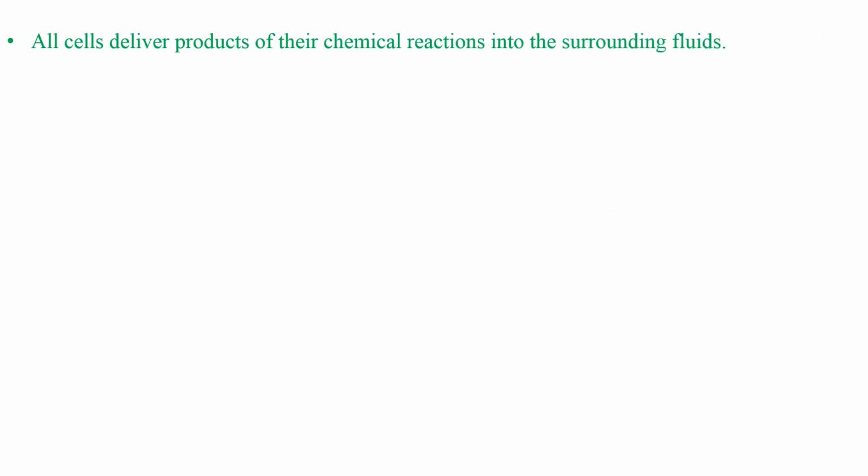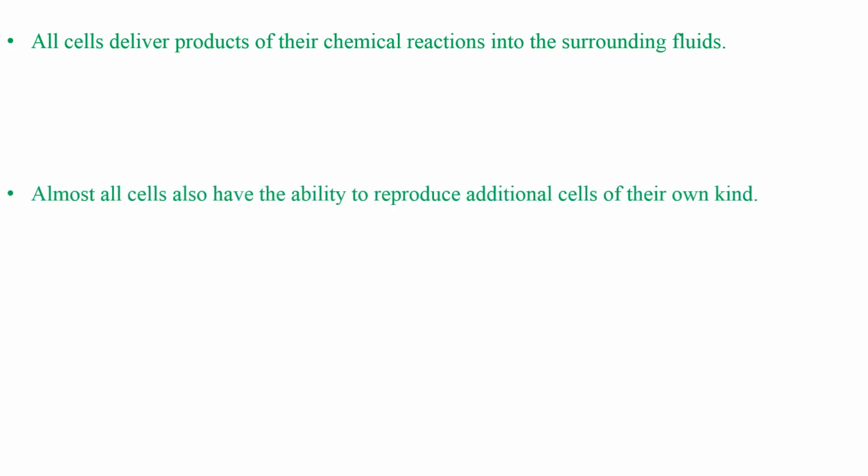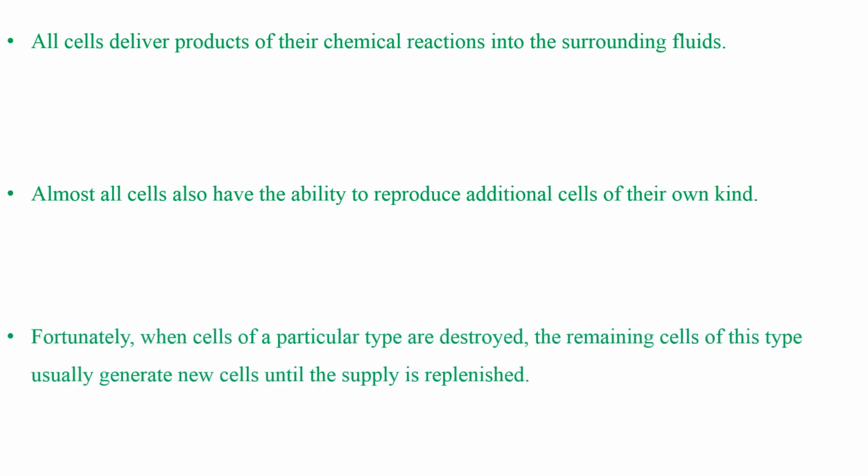All cells deliver products of their chemical reactions into the surrounding fluids. Almost all cells also have the ability to reproduce additional cells of their own kind. Luckily, when cells of a particular type are destroyed, the remaining cells of this type usually generate new cells until the supply is replenished.